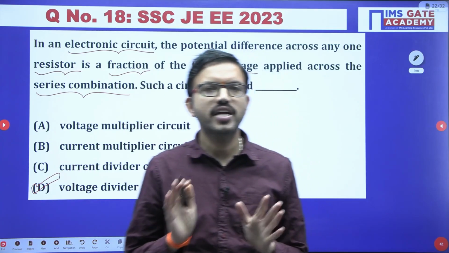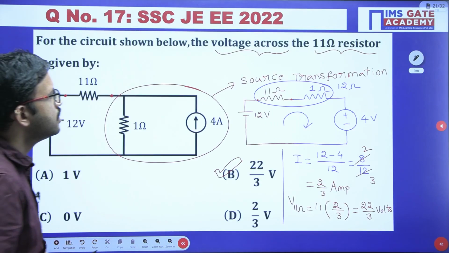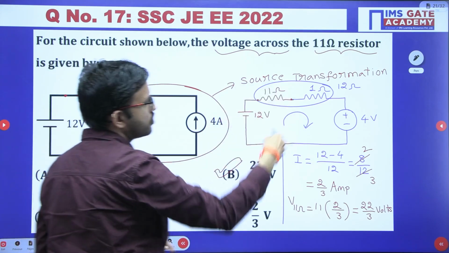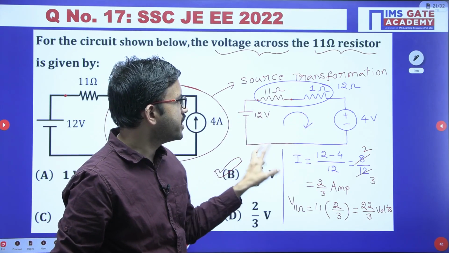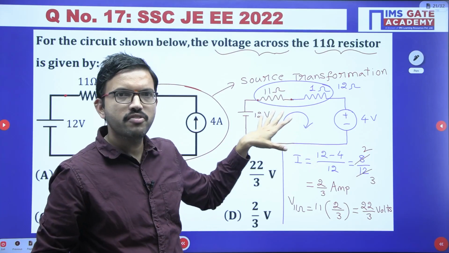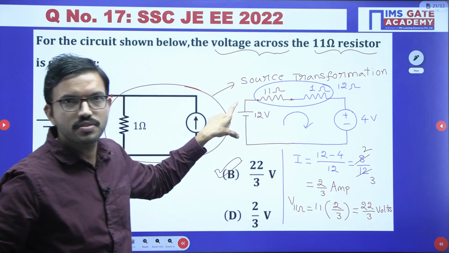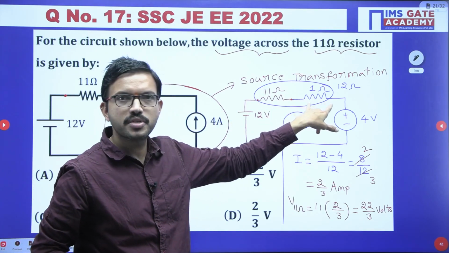See, just for easy understanding, say for example, here you are having 12 volt and here you are having 4 volt, right? Now you can do further simplification with respect to voltage source. What you are getting here, 8 volt source this side, and then here you are having 11 ohm resistor, here 1 ohm resistor, right?